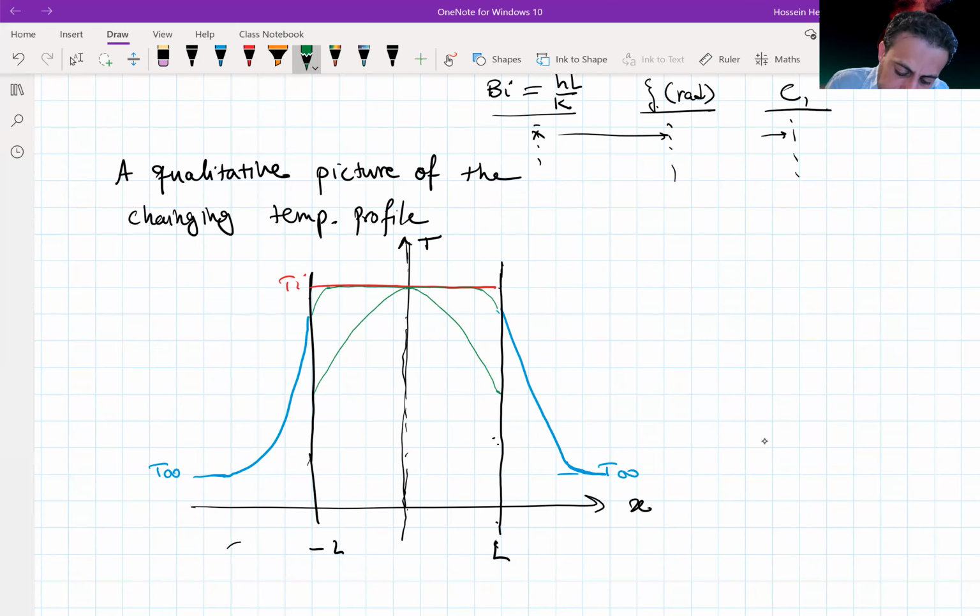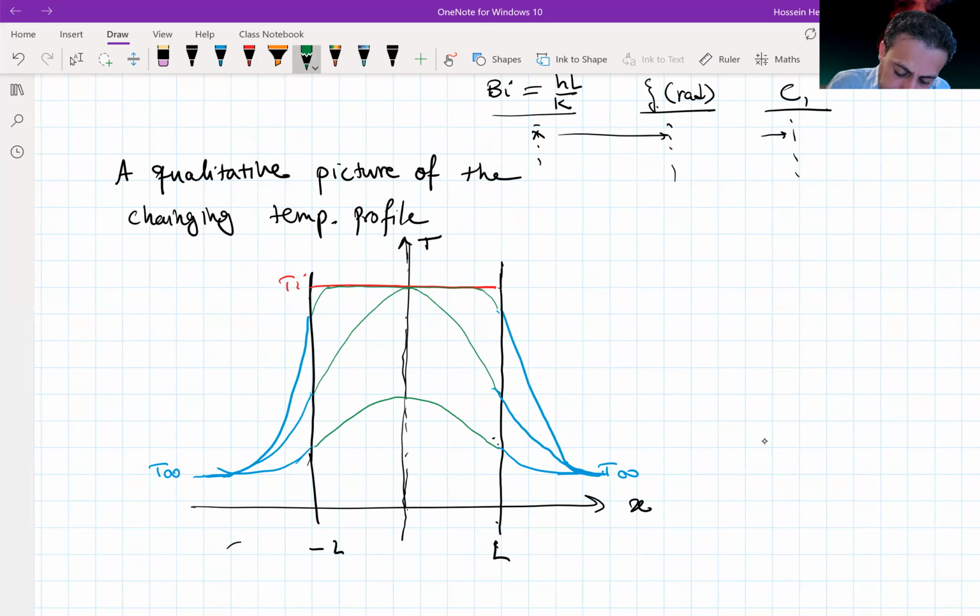And if you look at it at the later time, again, we have a convection outside the wall. That's happening. And if you look at the later time, and again, convection to the outside.